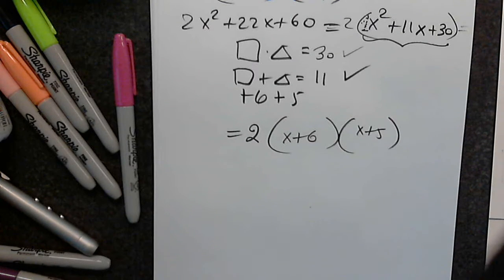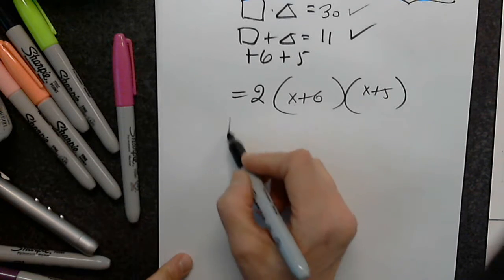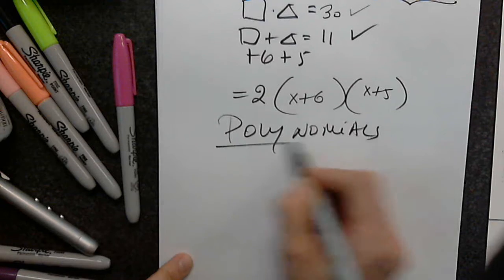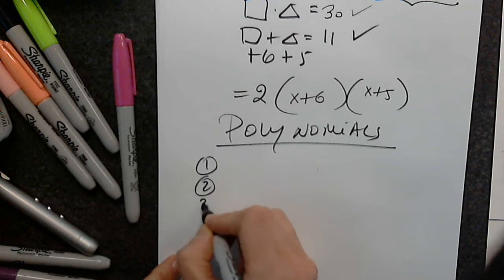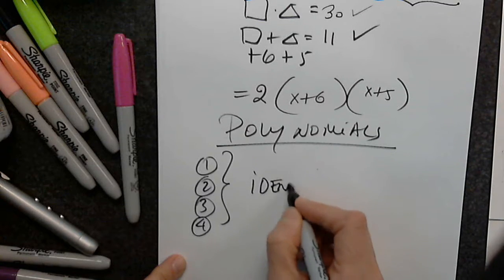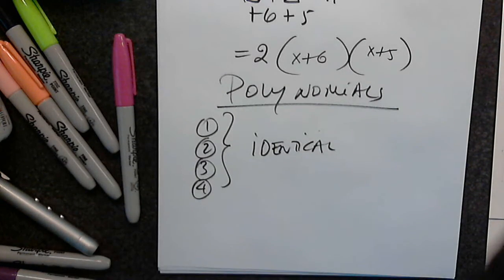Okay. So let's talk about the strategy for polynomials. One, 2, 3, and 4, same, identical. What is it? Descending order, greatest common factor, negative leading coefficient, all the same.